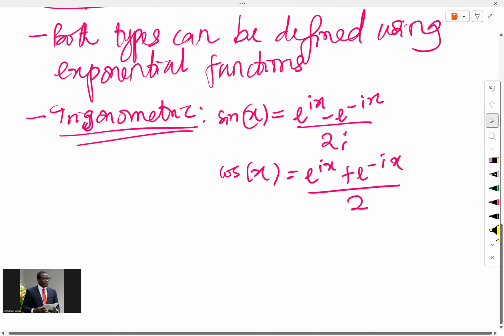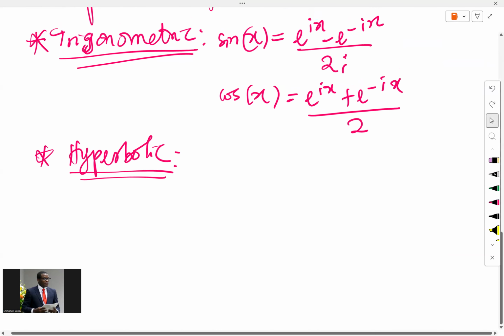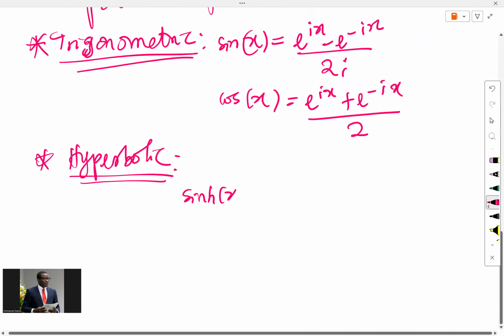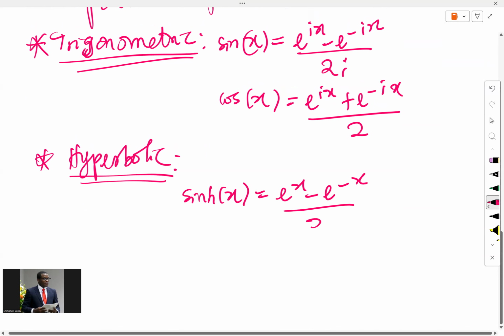Then if we talk about hyperbolic functions, you have something similar, but now sinh x is equal to e raised to power x minus e raised to power minus x divided by 2, while cosh x is equal to e raised to power x plus e raised to power minus x divided by 2.